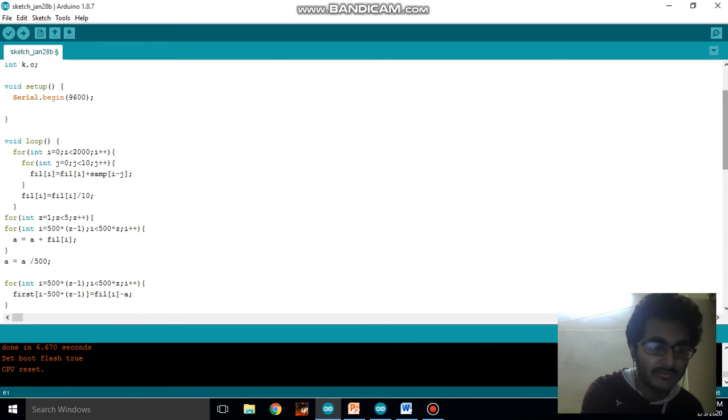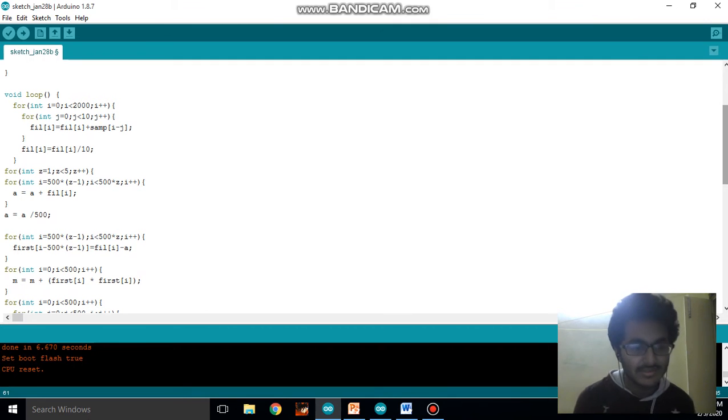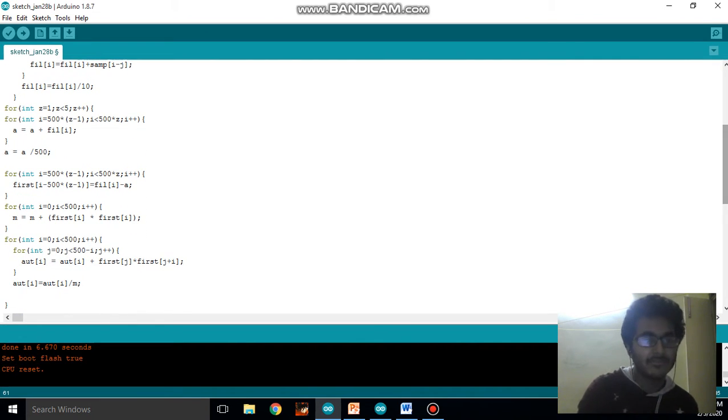Here we first passed it through the MA filter, and next we found the mean for every 500 samples. We subtracted it from the signal, and here we have found the energy of the signal as we need it to normalize the autocorrelation function.